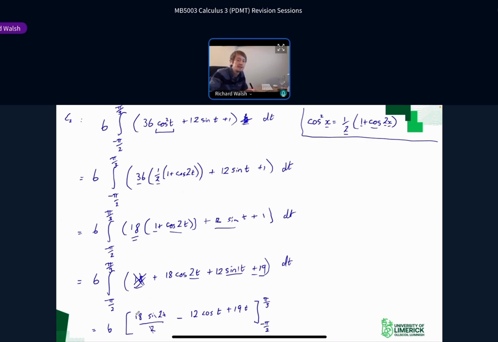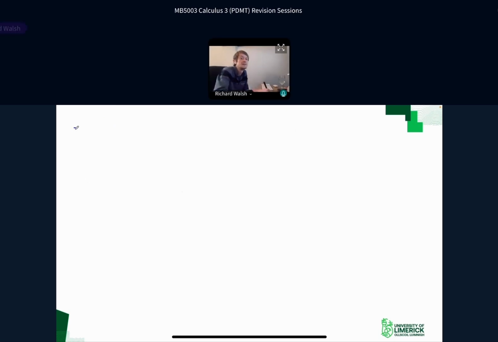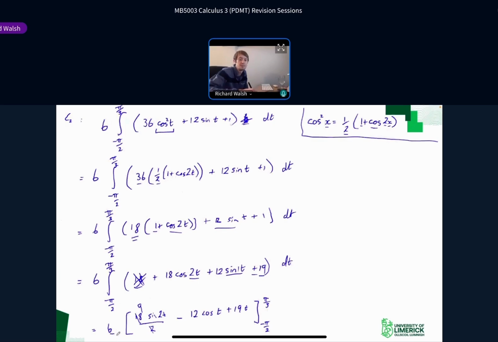I'll tidy this up very slightly. 2 into 18 goes 9 times. And I'll multiply into 6, and then I'll substitute in the limits. So 6 times 9 sine of 2t is 54 sine of 2t. I have 6 by minus 12 is minus 72 cos of t.